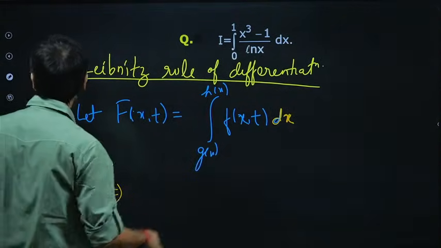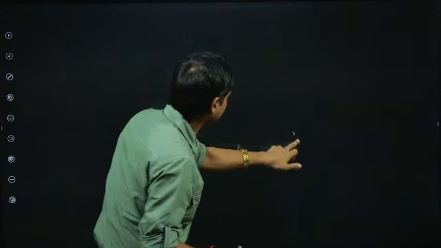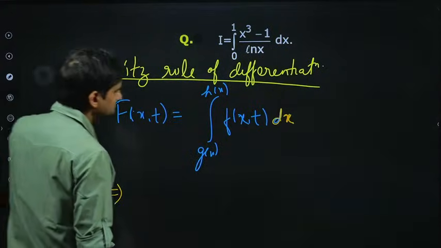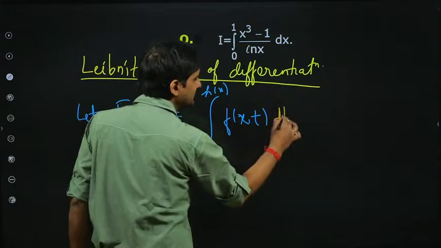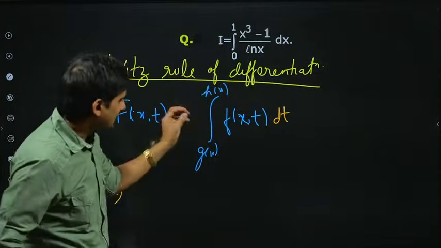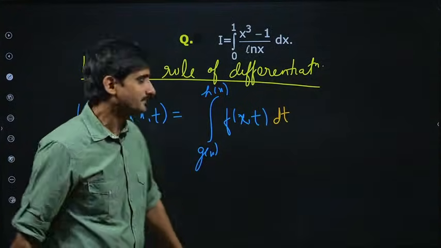Just a minute, I need to change it, because the variable of integral in that case should be t, because then t goes from g of x to h of x. So f, the integrand, is a function of x also, and a function of t also.